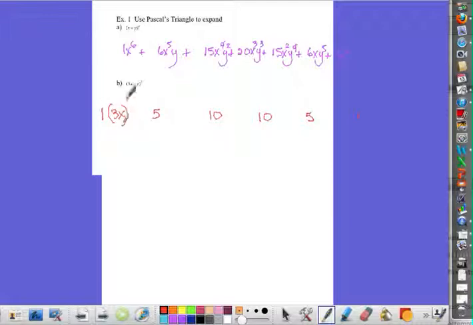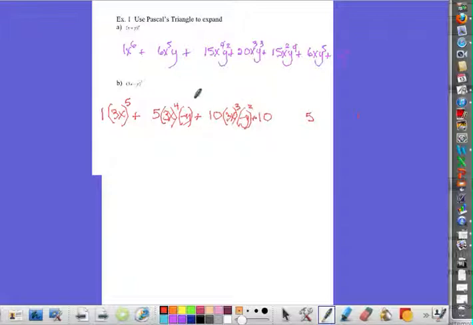So watch what's going to happen. This is going to be a 3x to the 5th. And then I'm going to go 3x to the 4th times, and if there's a minus sign, instead of trying to learn a second formula, we're just going to take the minus sign with the second term. Then it's going to go 3x to the 3rd negative y squared.